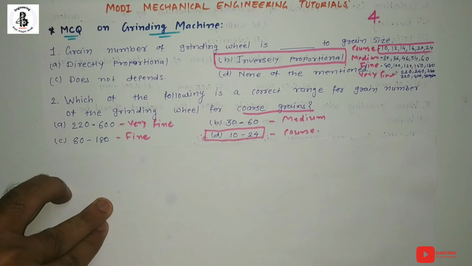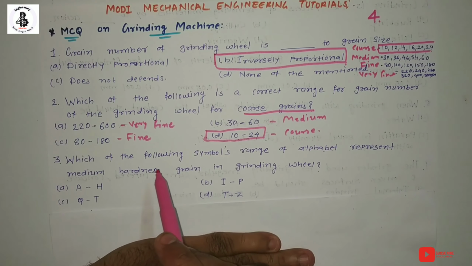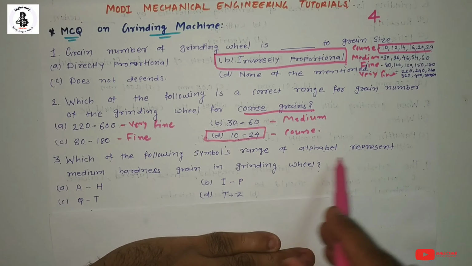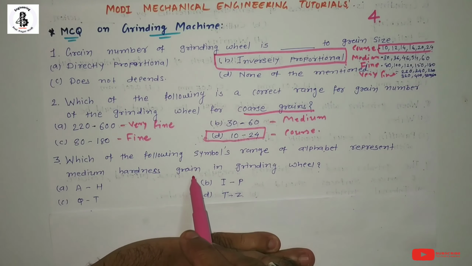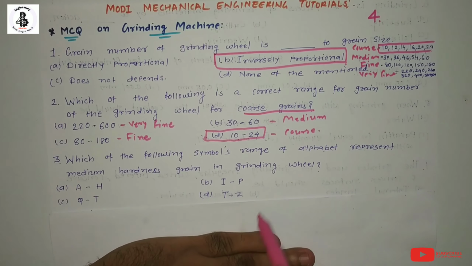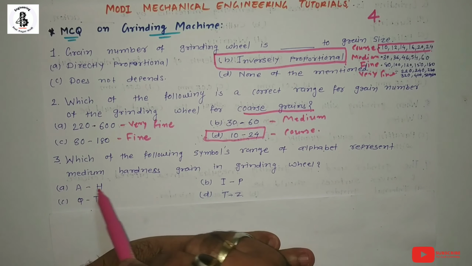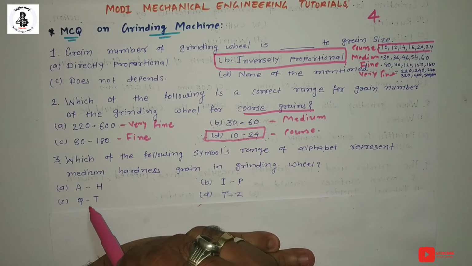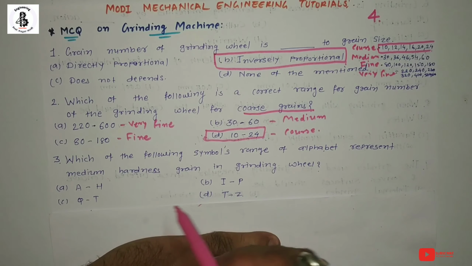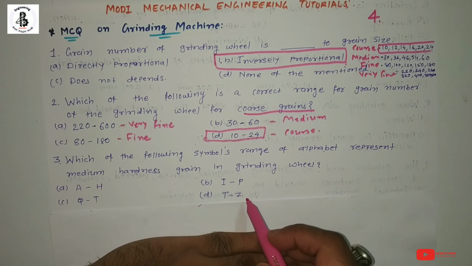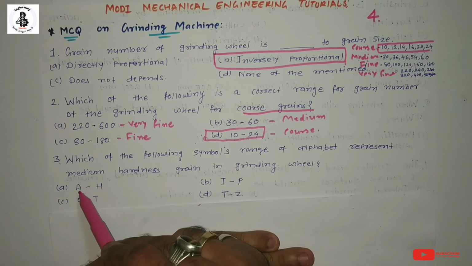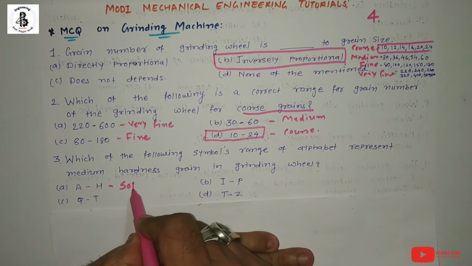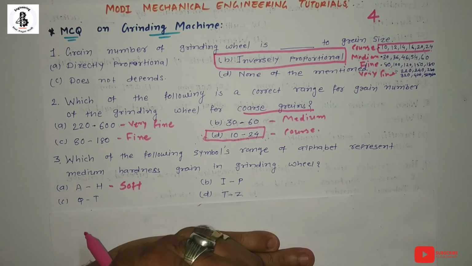The next question. Which of the following symbol ranges of alphabets represents the medium hardness grains in a grinding wheel? Option A A to H, option B I to P, option C Q to T, option D T to Z. A to H represents soft grains.